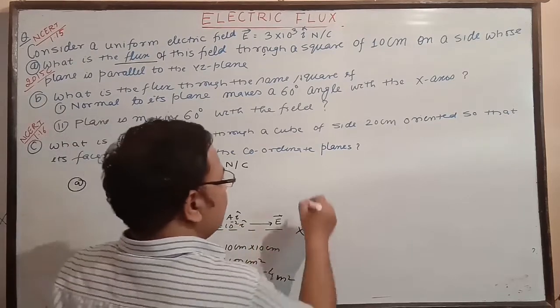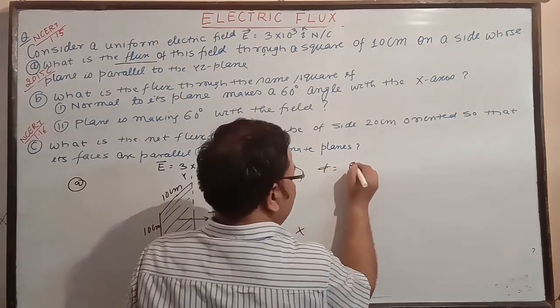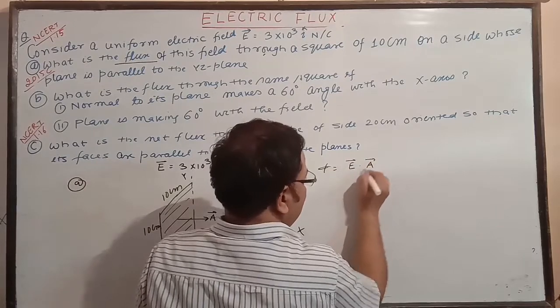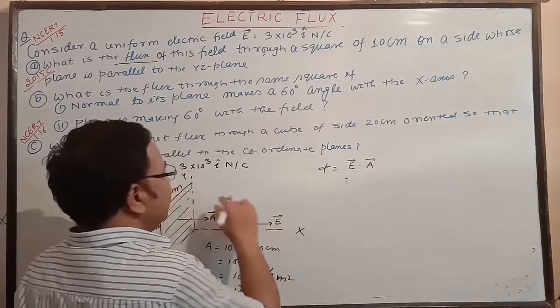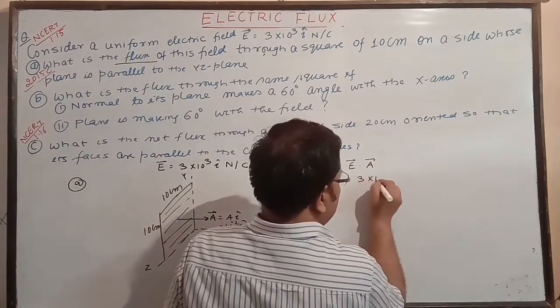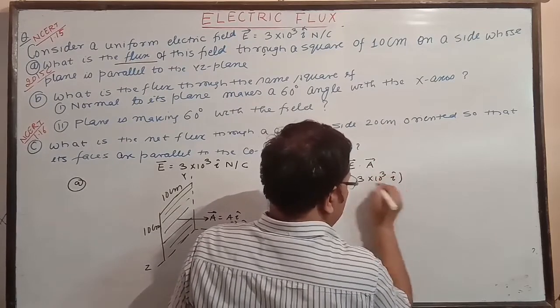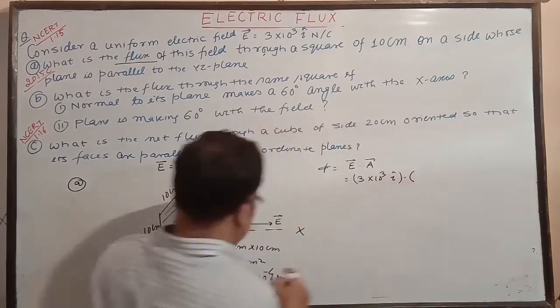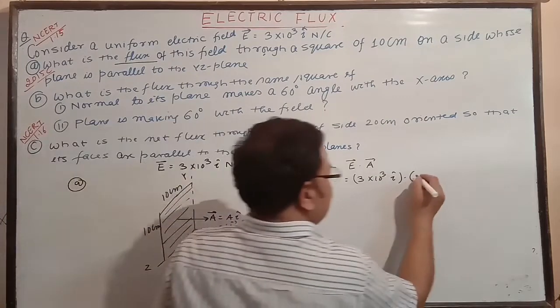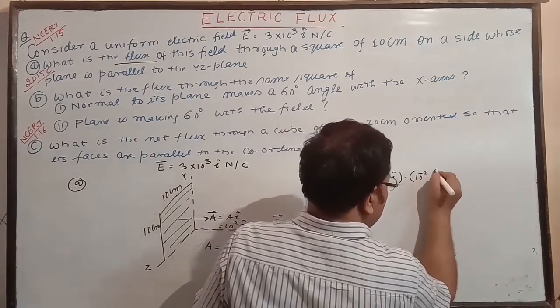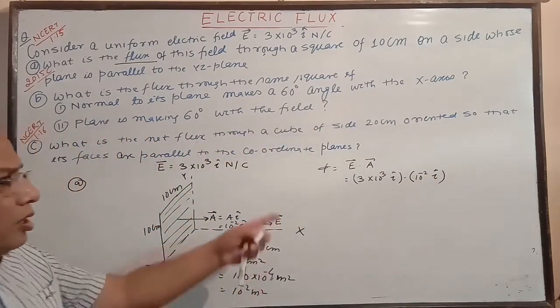Electric field is given. So phi, you know that constant I just explained to you, is E dot A. E is given as 3 into 10 to the power 3 i cap, dot product with the area vector, 10 to the power minus 2 i cap. Take the dot product of these two.